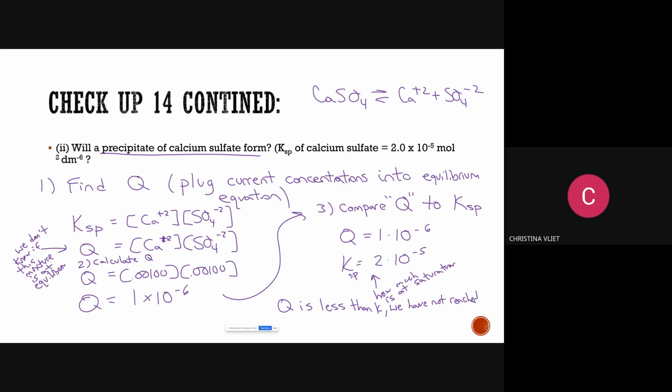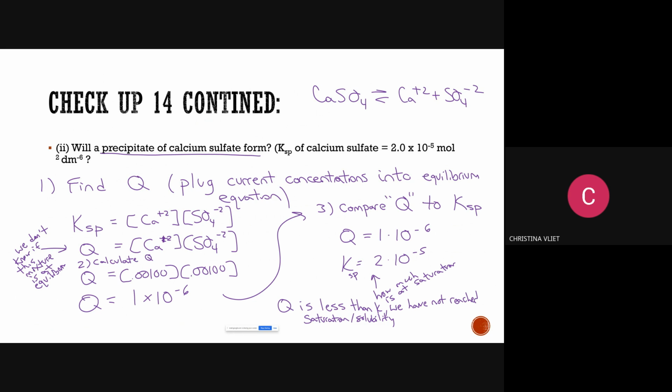If Q and K were always the same, that means no matter what you do, you'd always get a precipitate. But that's not true. You won't always get a precipitate. You have to have enough of it to give a precipitate. We have not reached saturation, or we have not reached the full solubility of it.